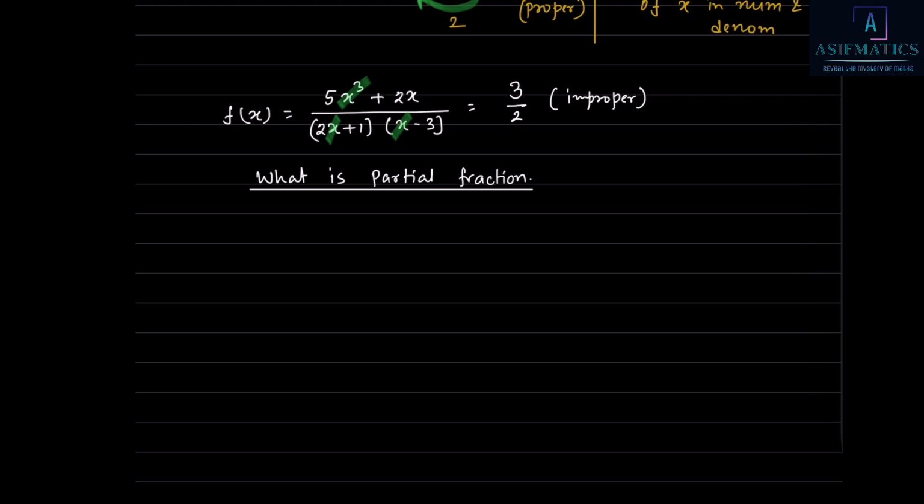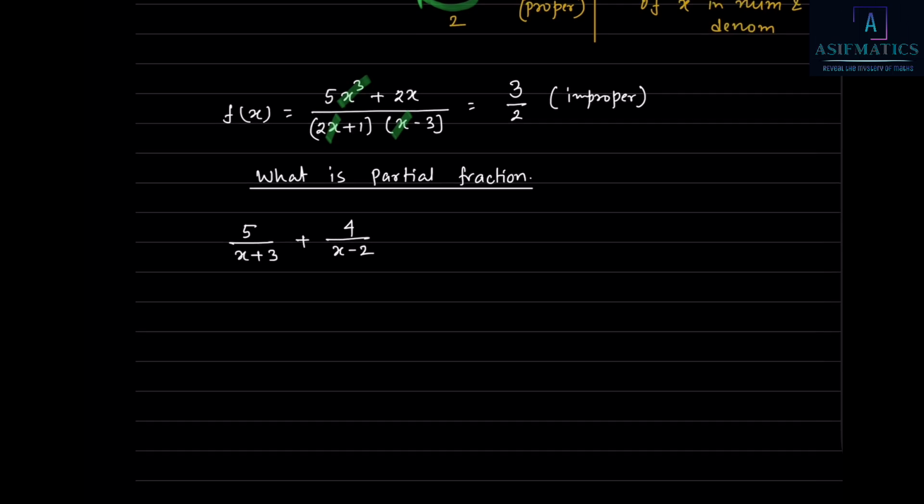If we have two algebraic functions like 5 by x plus 3, this is one function, and then we have another function, plus 4 by x minus 2, and if we add these two functions, we can write it over x plus 3 and x minus 2, and then 5 into x minus 2 plus 4 into x plus 3.